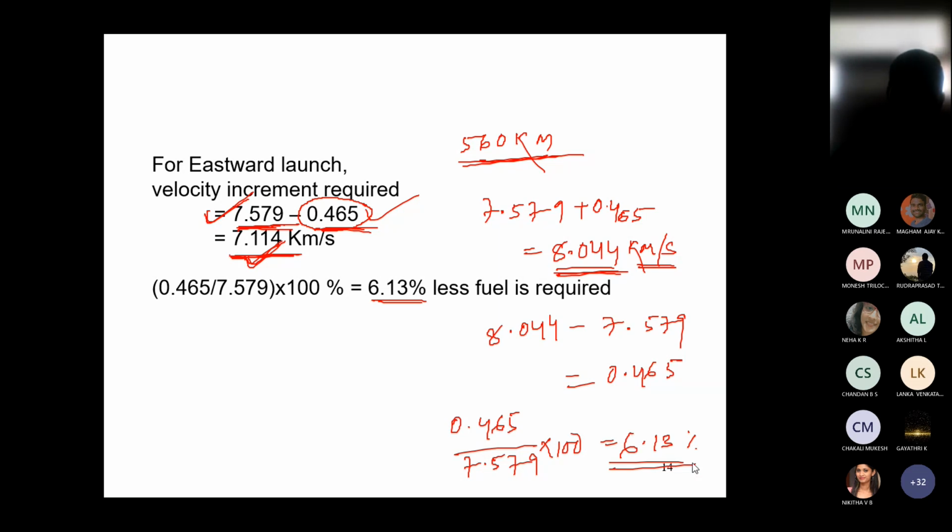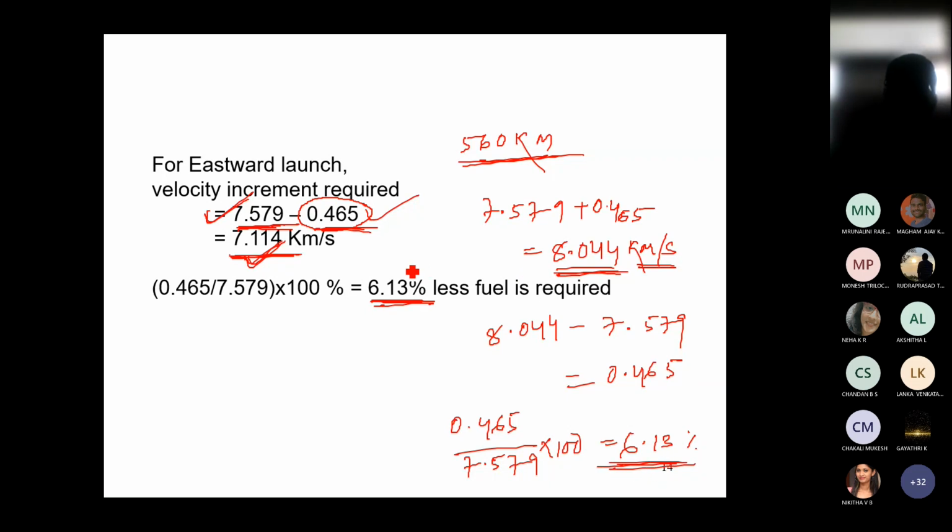Now see, we have done two calculations. In one calculation, we have seen that by launching the satellites towards the east direction, we have approximately 6% fuel saving. But if we are launching towards the west direction, we require 6% additional fuel.